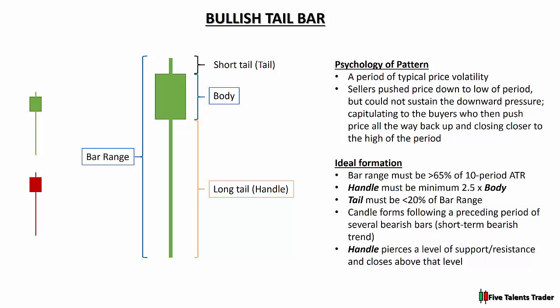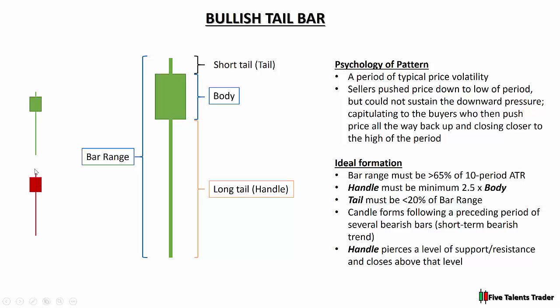Now, the first thing to really point out is, irrespective of the color, a bullish tail bar is a bullish tail bar, and we will go through the psychology of the pattern. So you can have on the chart a green bullish tail bar, and you can also have a red bullish tail bar. In the green bullish tail bar, the close is higher than the open, so the close is there, open there.